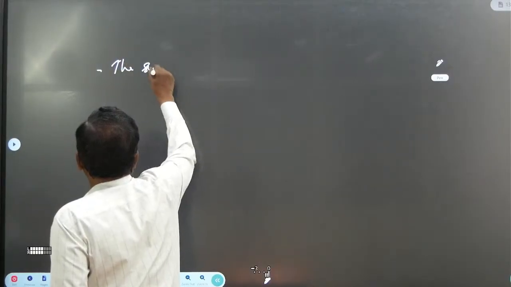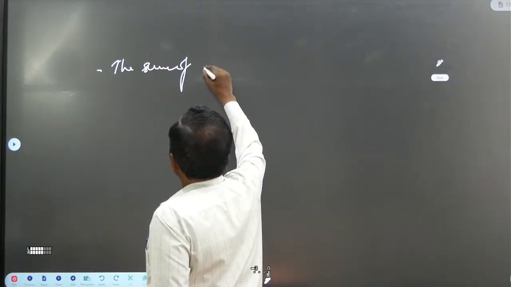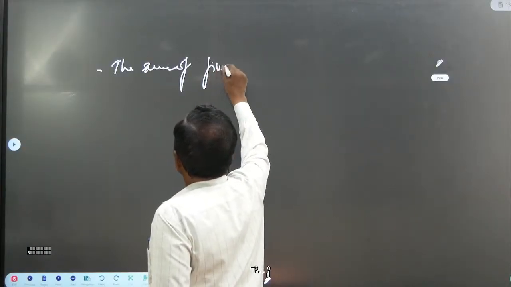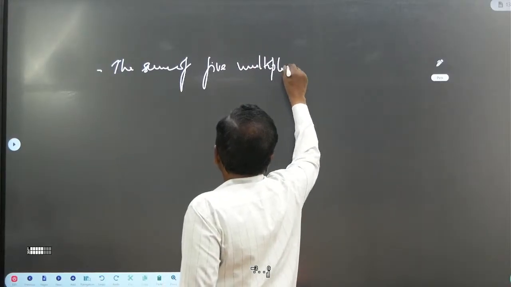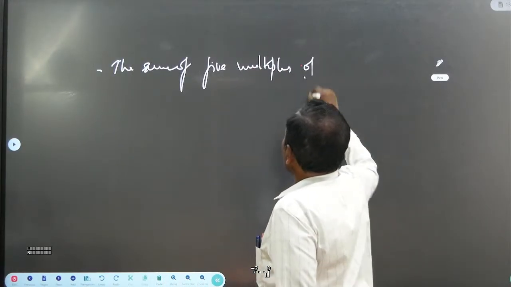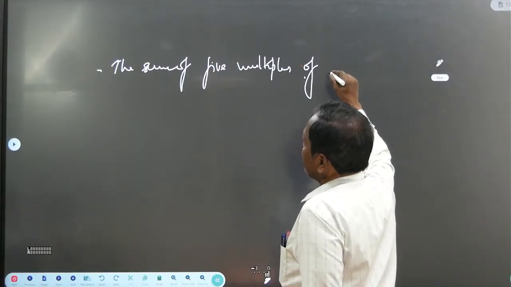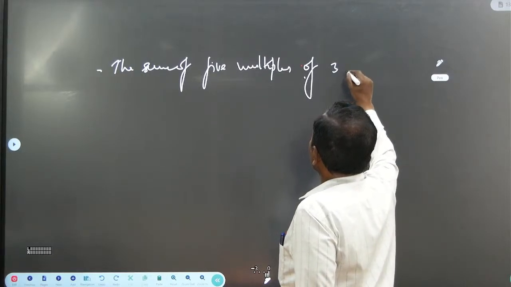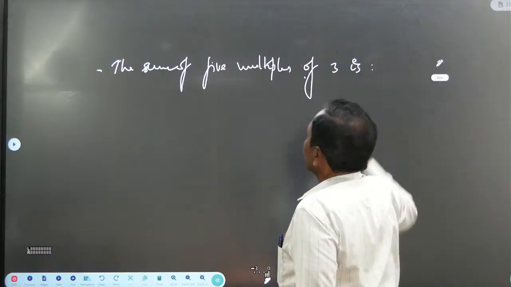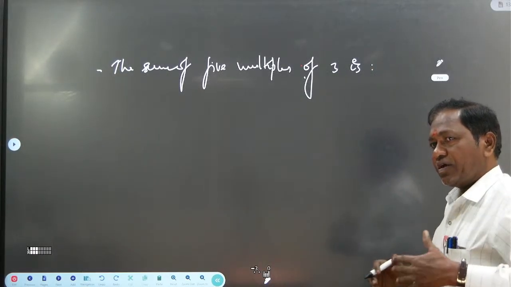the sum of 5 multiples of 3 is, the terminology, how it is being used.